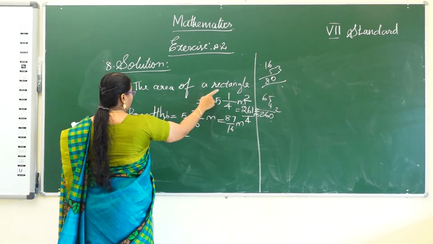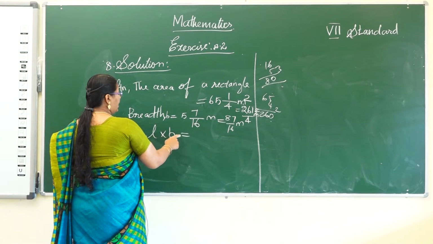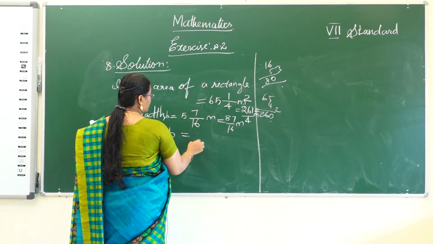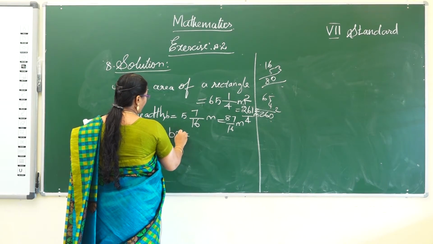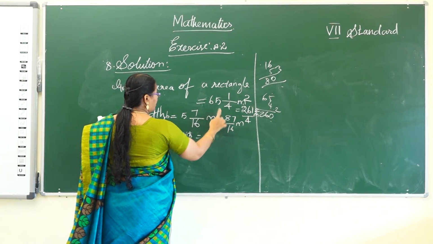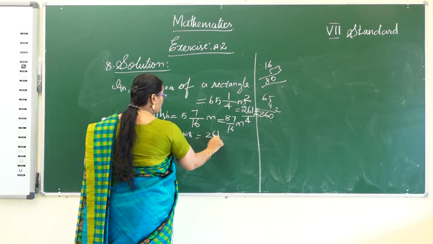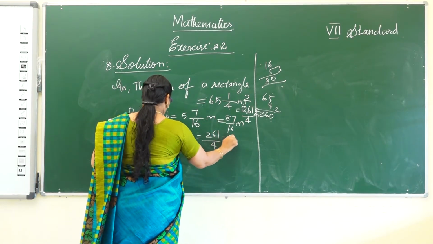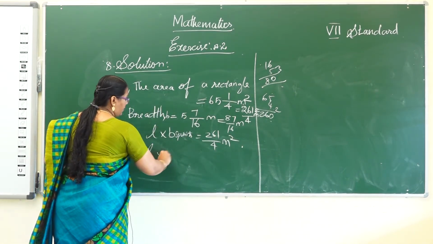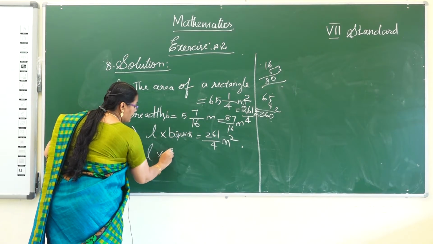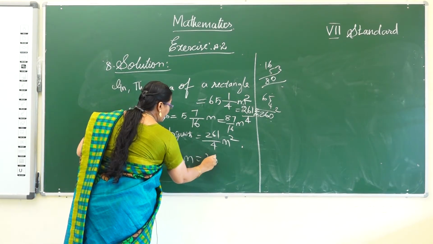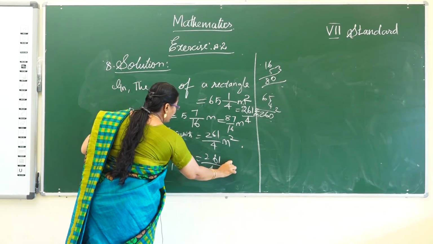So the area of the rectangle, L into B square units, is equal to 261 by 4 meter square. You already know the value of breadth, so L into 87 by 16 meter is equal to 261 by 4 meter square.